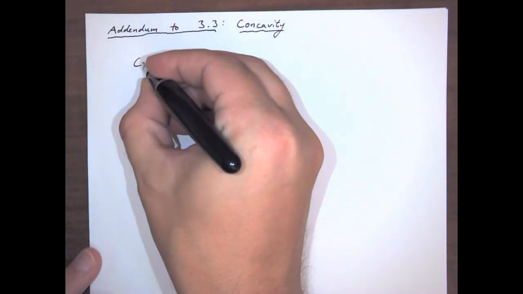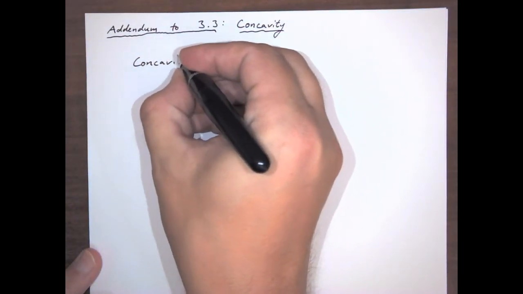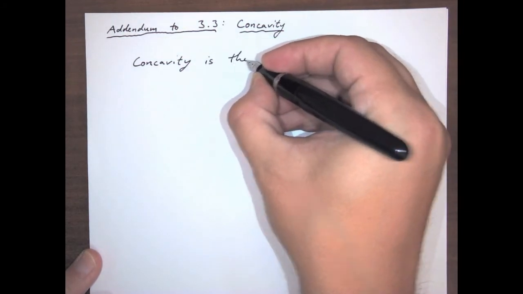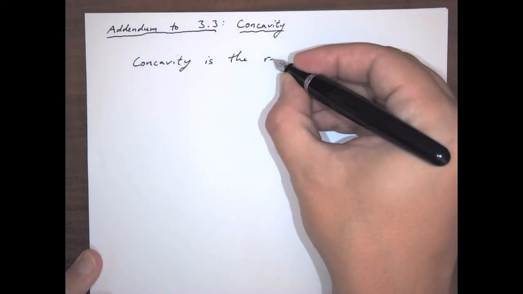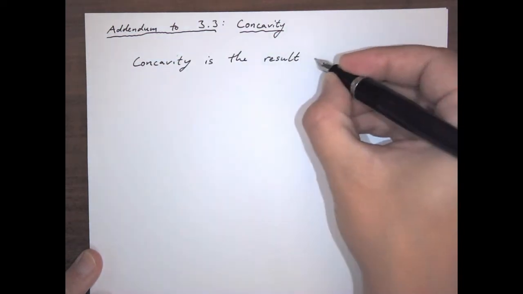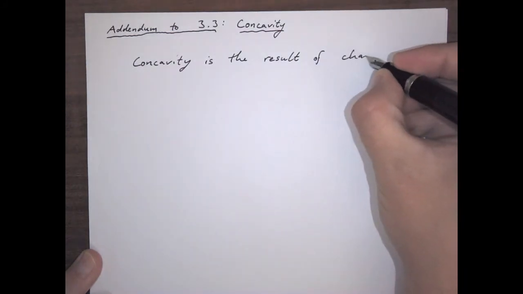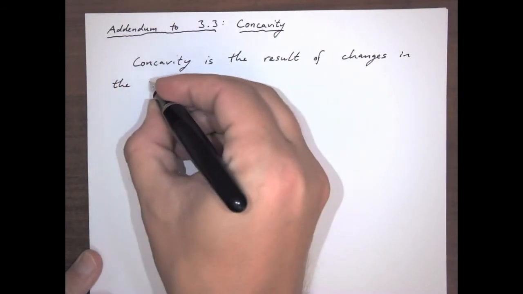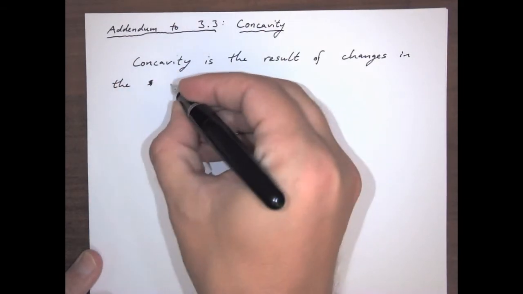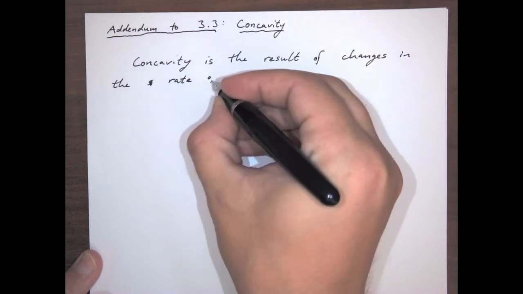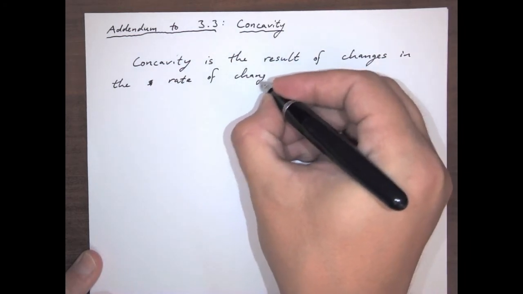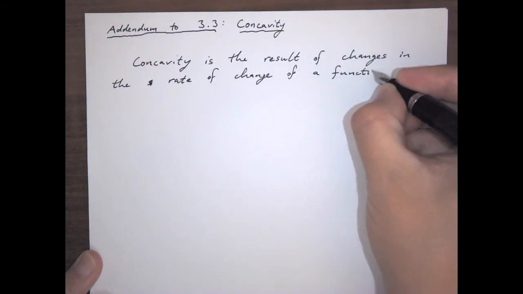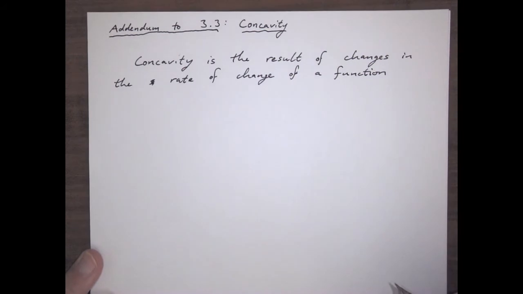So concavity is the result of changes in the rate of change of a function. In other words, changes in the slope.